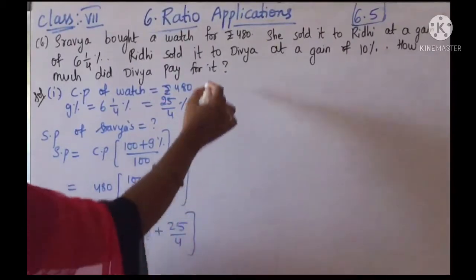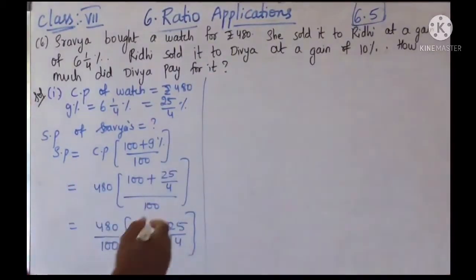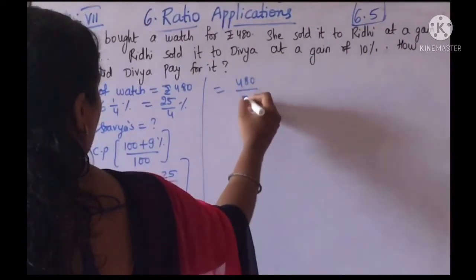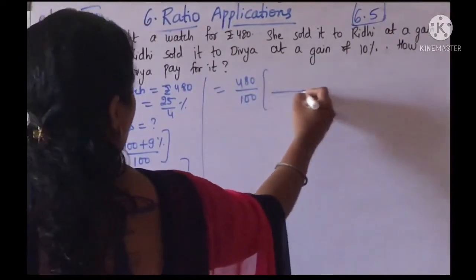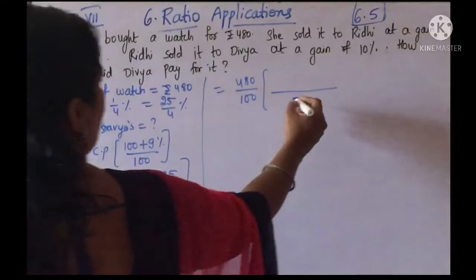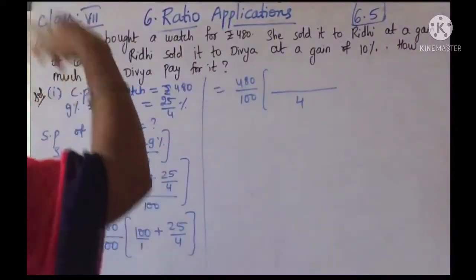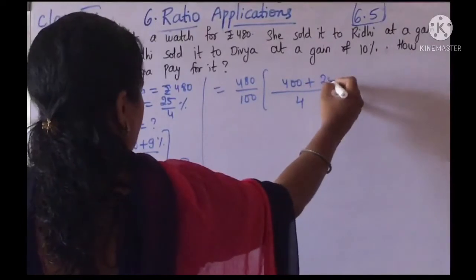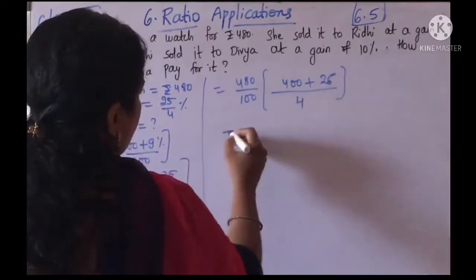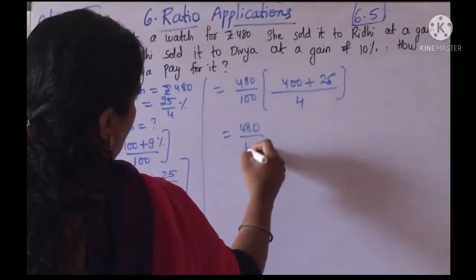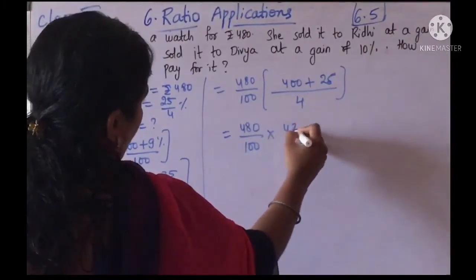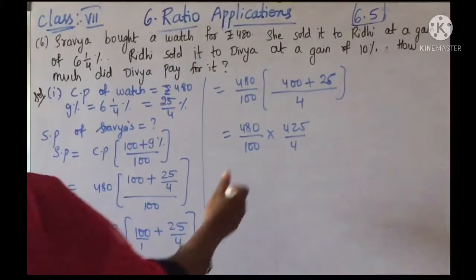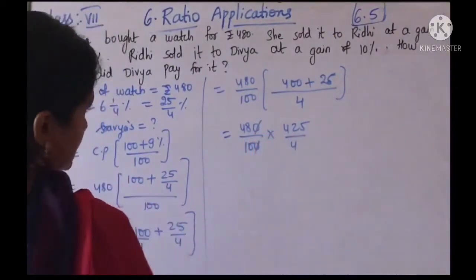Here we need to take the LCM, children. So what will we get? 480 by 100 into, when you take the LCM of 1 and 4, 4. So 4 times 100 is 400 plus 25. So finally we will get 480 by 100 into 425/4.